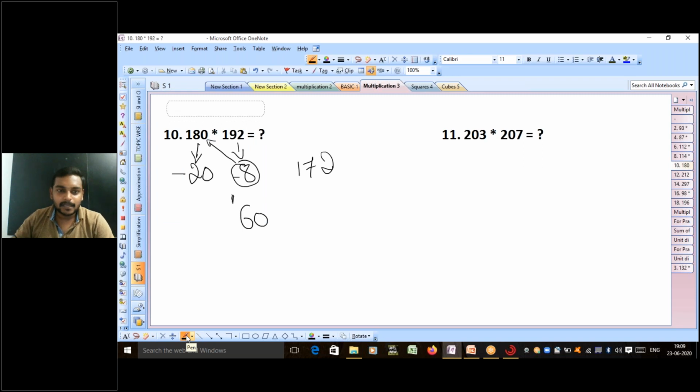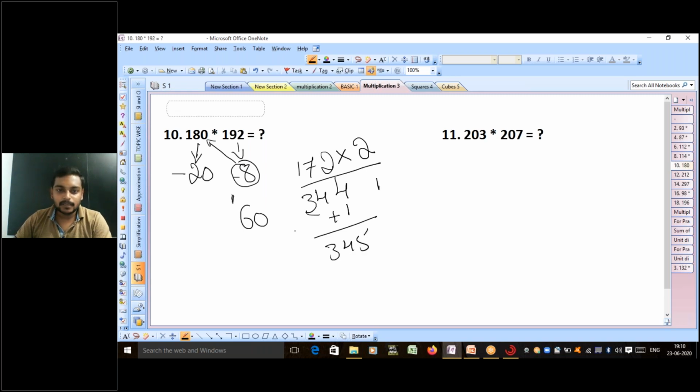If we subtract, we have 172. Just multiply this 172 with 2. Why? Because we have taken base as 200. So 2 2s are 4, 7 2s are 14, 1 carry, 2 1s are 2 plus 1, 3. 344 plus 1. It will become 345.